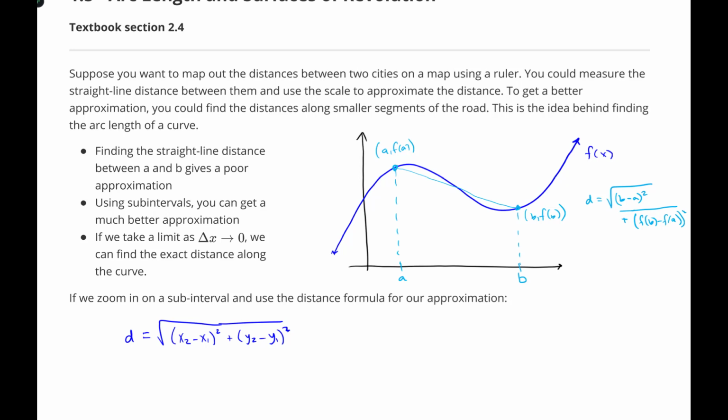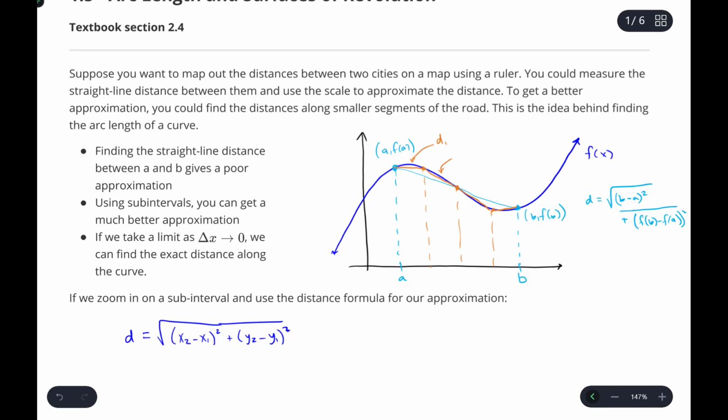But if we split this up into subintervals, and let's say we did a few intervals, like split it up into 4 subintervals, then at that point we would follow along the curve this way, and we could get the distance on each subinterval.